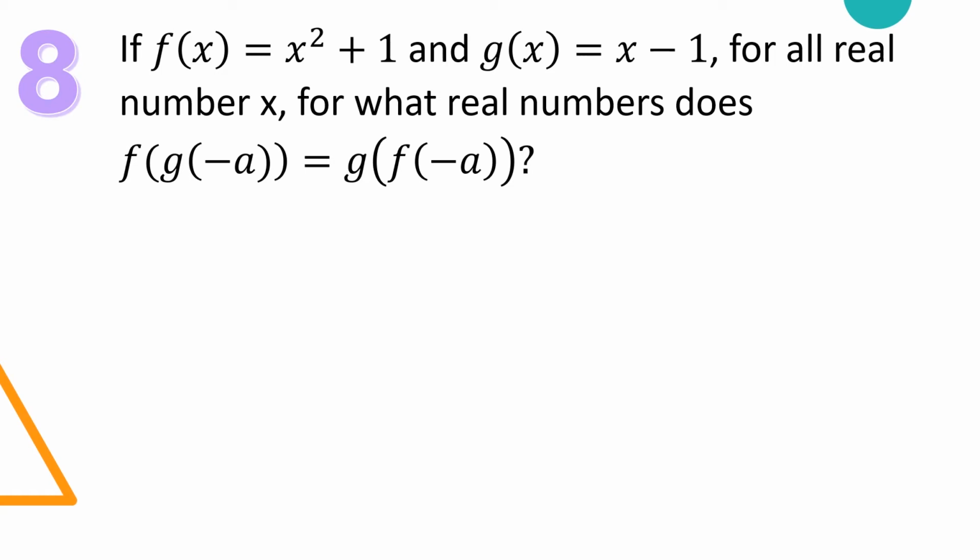Let us have g of negative a, and that will be equal to negative a minus 1. Also, let us have f of negative a, and that will be negative a squared plus 1, and that is a squared plus 1.